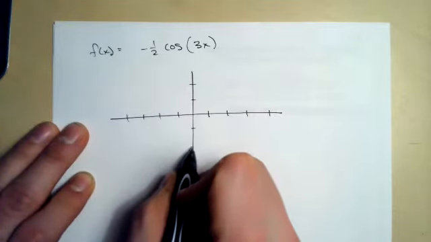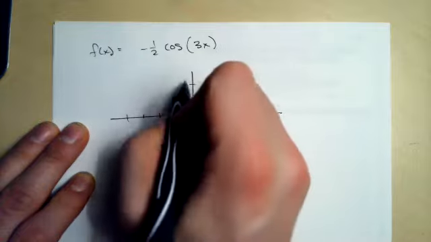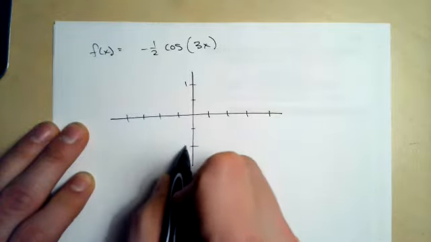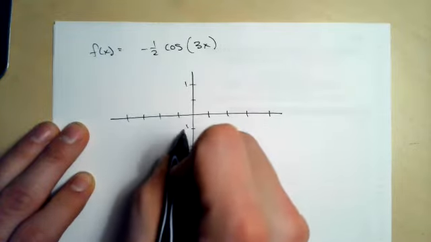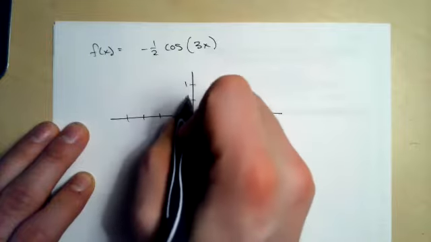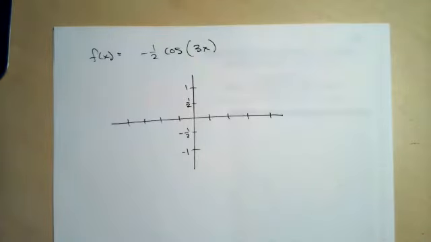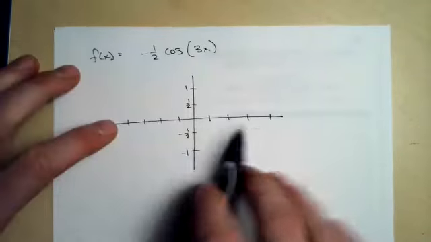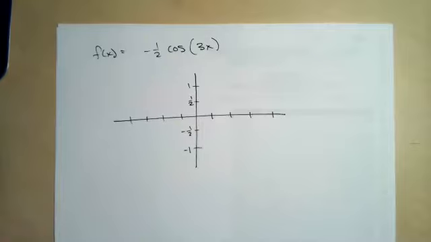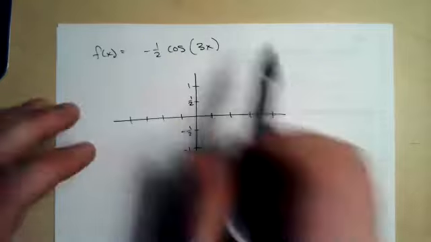So maybe I'll put 2 tick marks, positive and negative, on the vertical axis. And so every 2 is going to be 1. The horizontal tick marks, what are those going to be? It's going to be a little weird. So let's take a look.